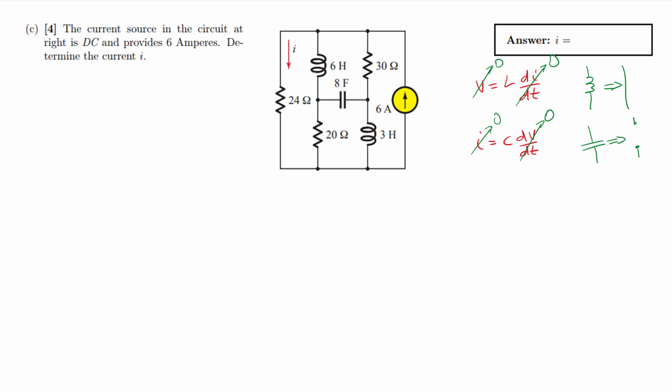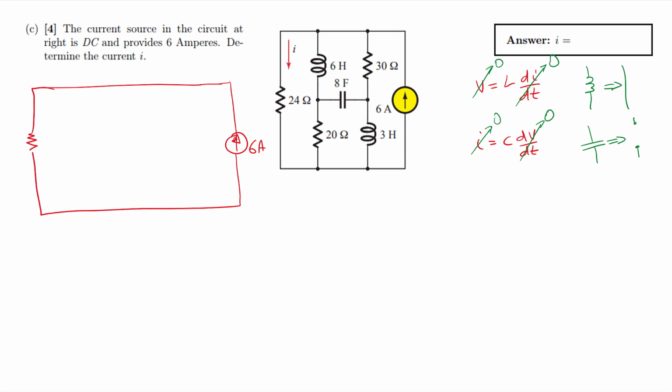So let's redraw the circuit the way that it looks. We have our current source here, 6 amps, comes all the way around to this 24 ohm resistor, and we want to find this current I. Now this inductor, let's say the 6 henries, is going to be replaced by a wire.